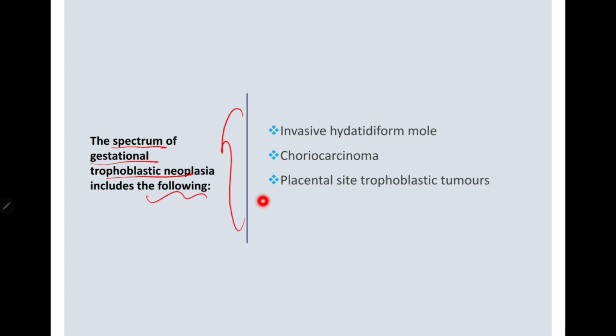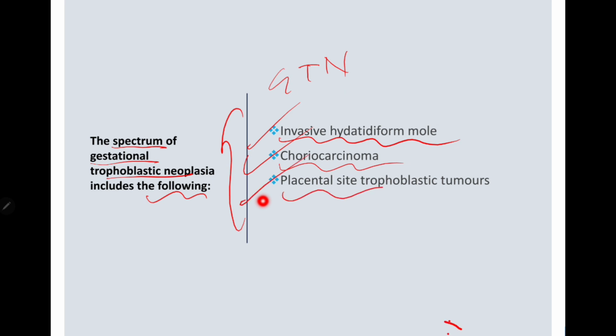There are 3: invasive hydatidiform mole, choriocarcinoma, or placental site trophoblastic tumor.